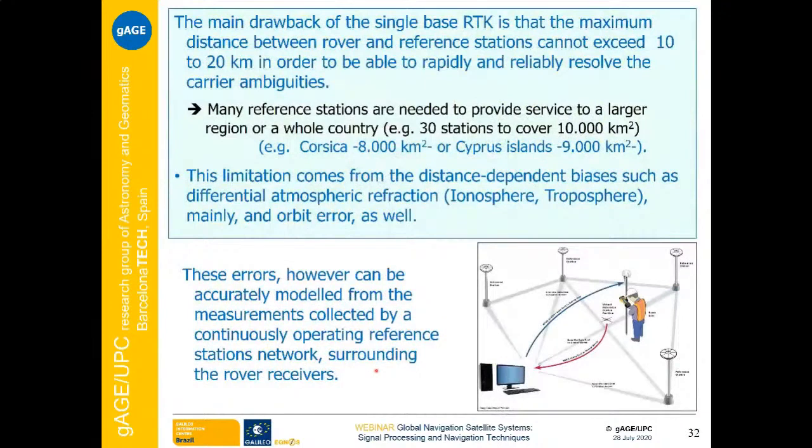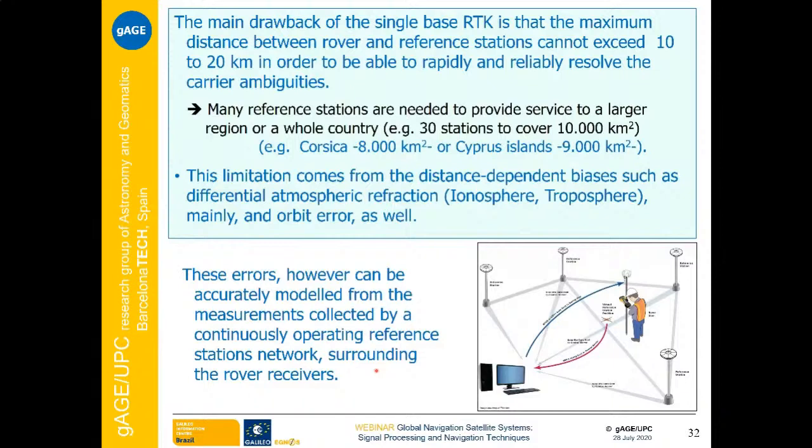Well, the main problem of RTK is this limitation in the baseline, that is the distance between reference station and receiver. And as I commented before, this limitation is due to the ionosphere, because for long baselines, we cannot assume that the ionospheric error is the same at the reference station and the user receiver.